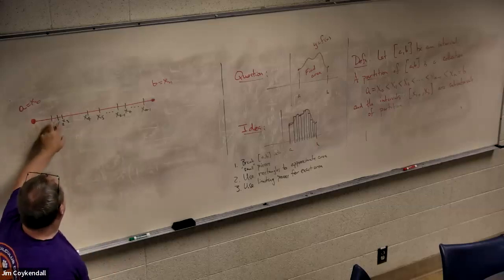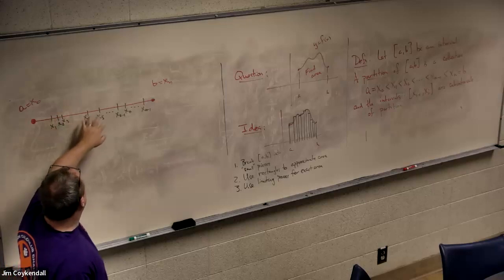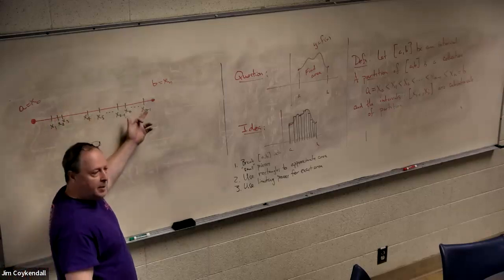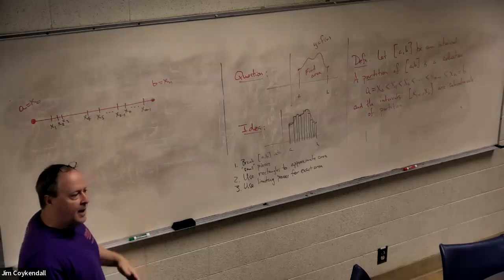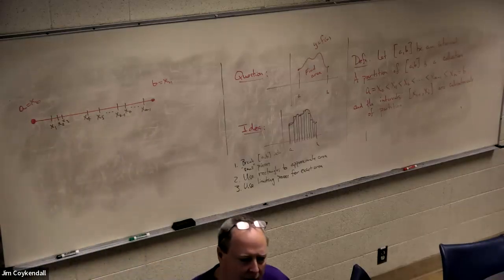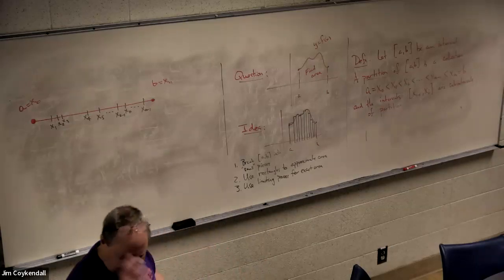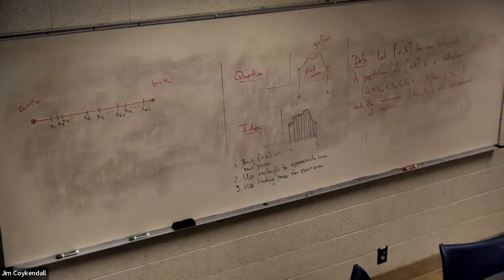We've got this one, then this one is a little skinnier still. This is a fairly long one, then a little smaller. But a partition is just breaking this up. It's like taking a loaf of bread and slicing it into smaller pieces, maybe not even with the same width. So when I say a partition of the interval, I just break it up.